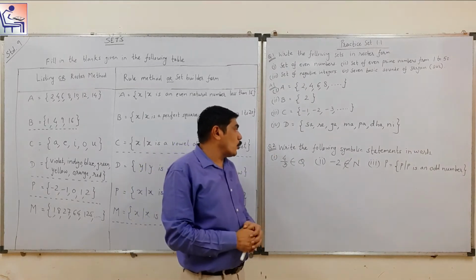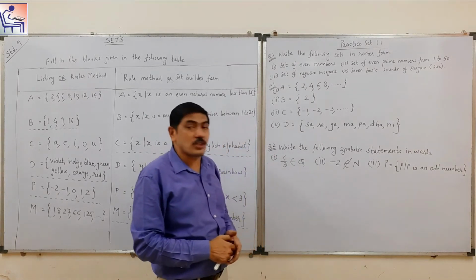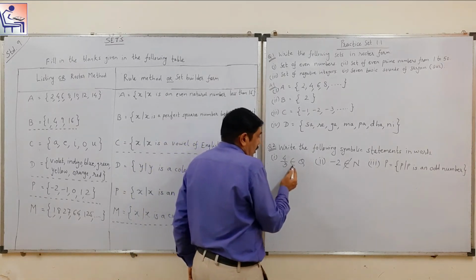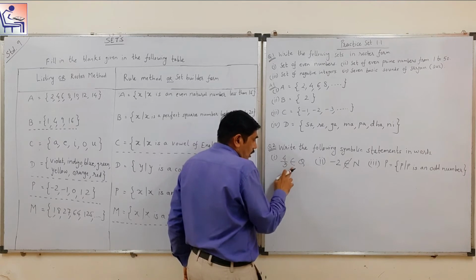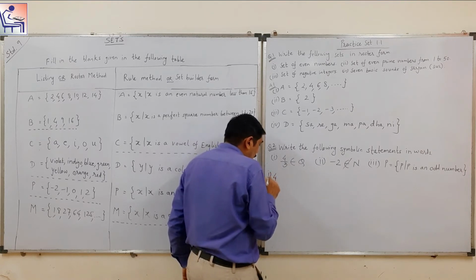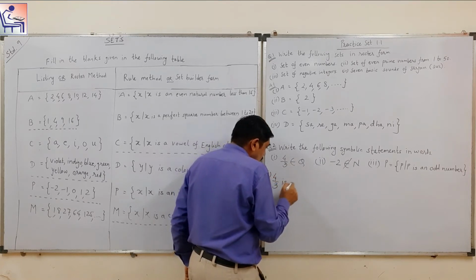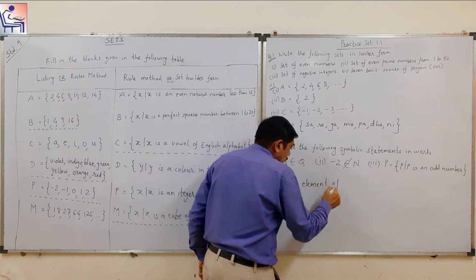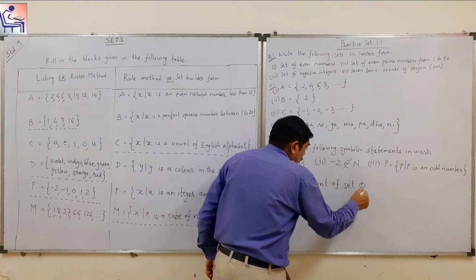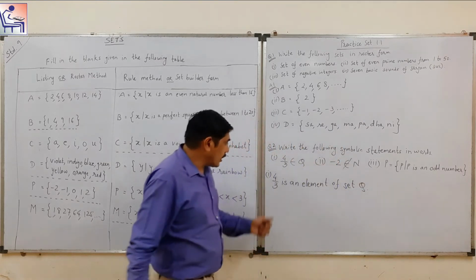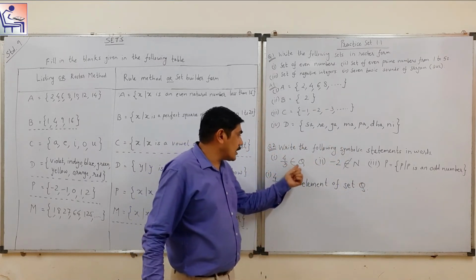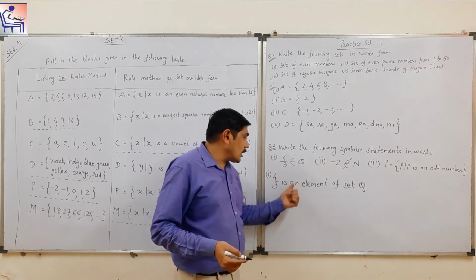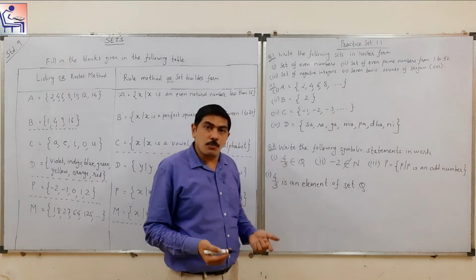Now question number 2. Write the following symbolic statements in words. Here you can see 4 upon 3 is an element of set Q. How will we read this? 4 upon 3 is an element of set Q. You can say 4 upon 3 is a member of set Q. Both are correct.